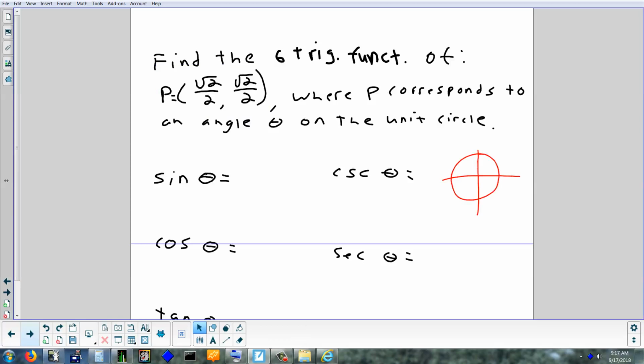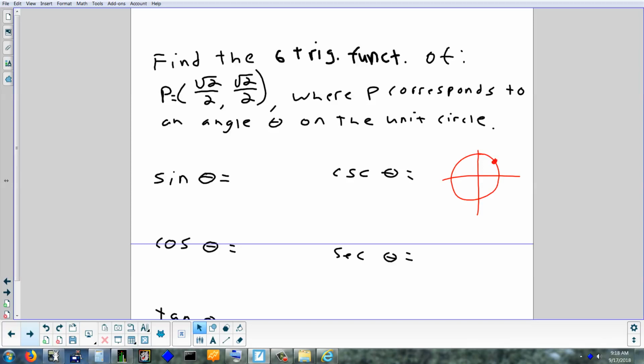So if you went right and up exactly the same amount on this circle, does anybody know what angle you would be at? 45. Yep. You don't have to know it for today, but that is the coordinate for a 45-degree angle. It's right here. It's right and up. Tomorrow, I'll show you how to figure out that coordinate.